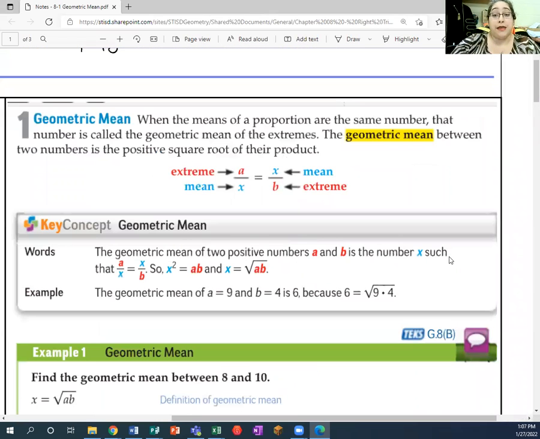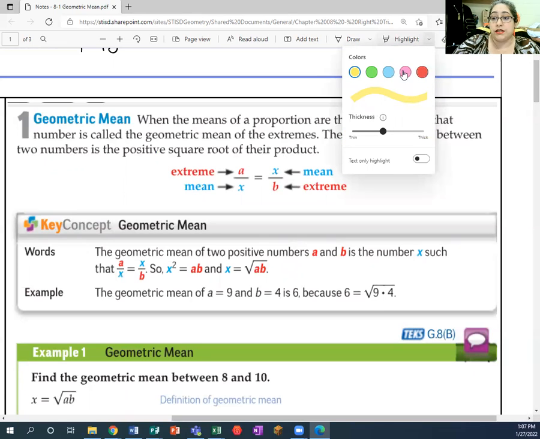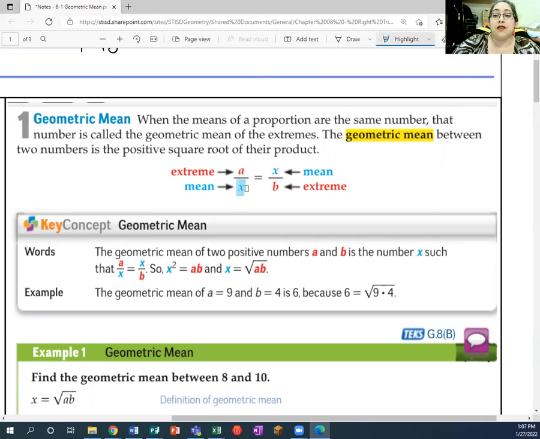The geometric mean is when the means of a proportion are the same number. So if we think back to our proportions, when we had the extremes and we had the means, when these are the same value, then that number is called the geometric mean of the extremes.